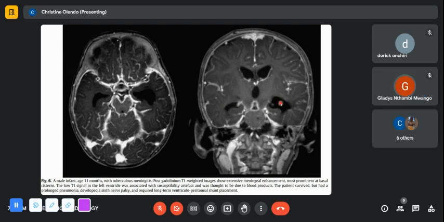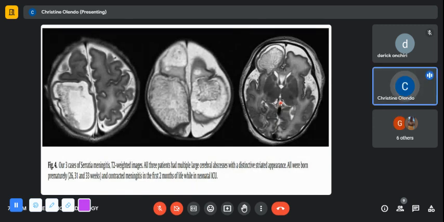Okay, fine. So here we have 3 separate cases of Serratia meningitis. These were all T2 images, and they showed that the patient had large cerebral abscesses. This was one of the complications of meningitis.